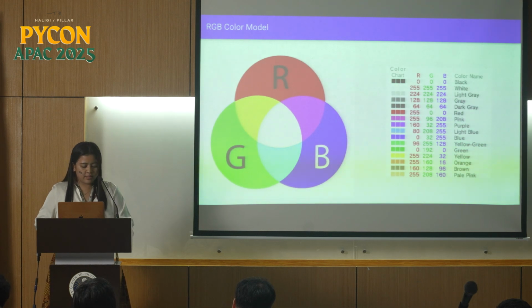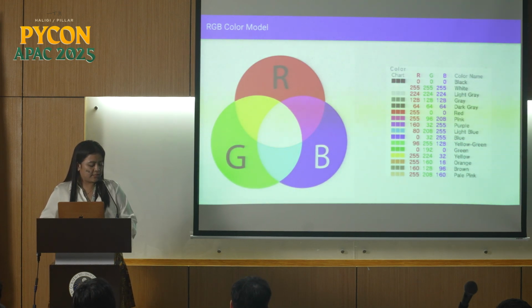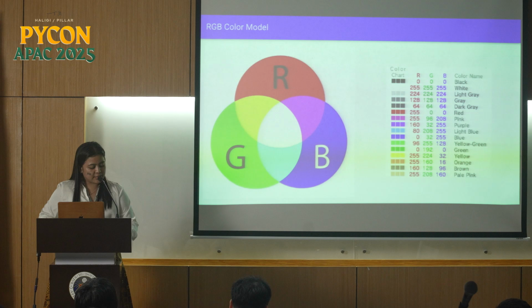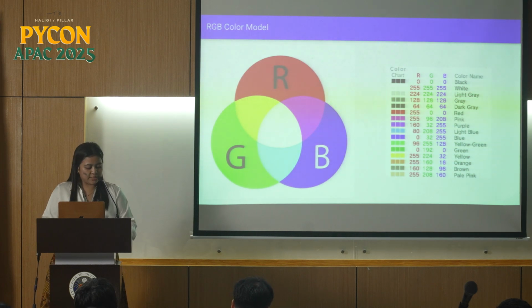Now each pixel of this image will represent a single color. The specific color depends on a formula that mixes various amounts of the 3 basic colors, red, green, and blue. This technique for creating color is known as the RGB color model.